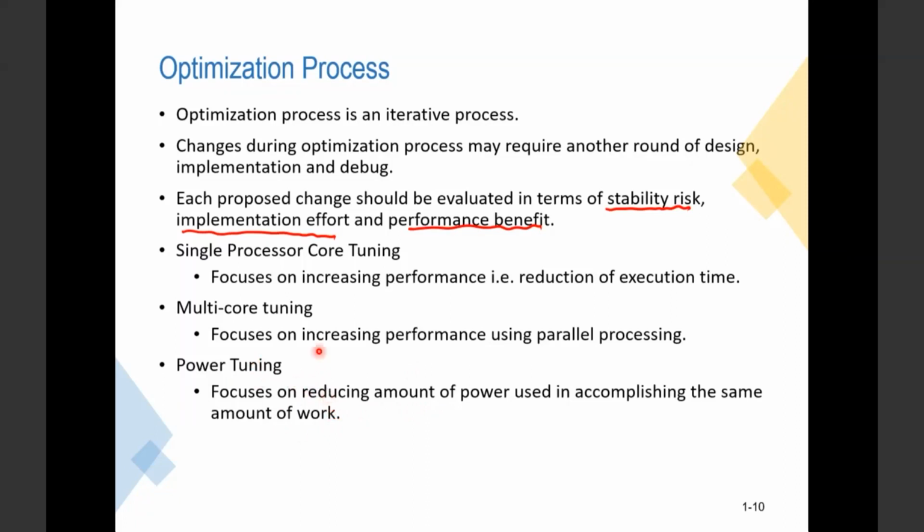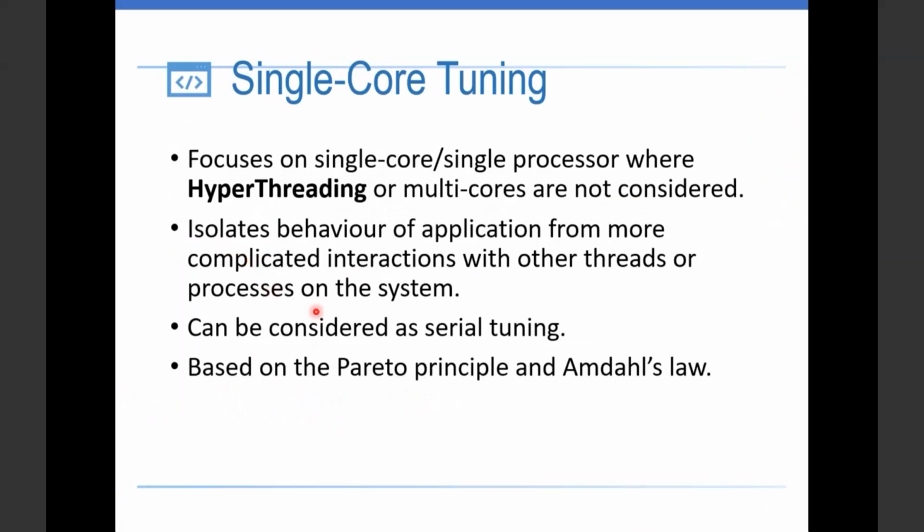Okay, now we are going to look at the single processor core tuning. The single core tuning only focuses on the single core or single processor, where hyper-threading or multi-cores are not considered. Because you have a single core, you don't have hyper-threading, and you don't have multi-core. So it isolates the behavior of the application from more complicated interaction with other threads or processes on the system.